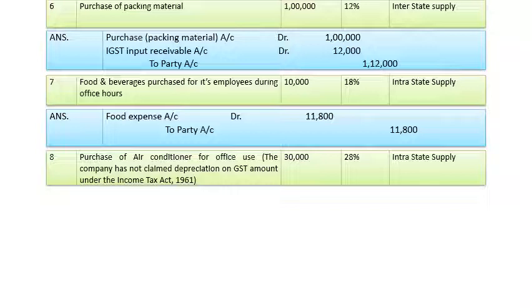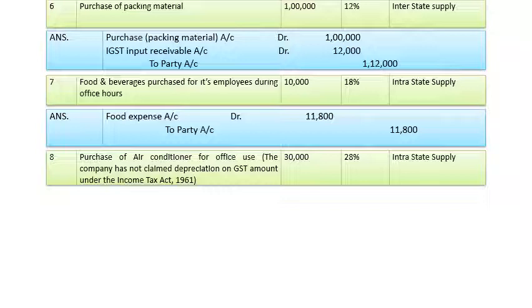Now whether credit is available or not, this is a special kind of transaction. Here it is a purchase of an air conditioner for office use, and the company has not claimed depreciation on the GST amount under the Income Tax Act 1961. So there are two situations: the company claims depreciation on the GST amount, or the company does not claim depreciation on the GST amount.